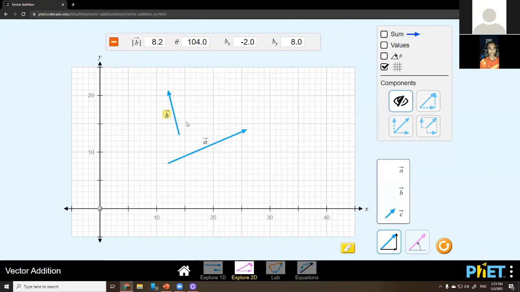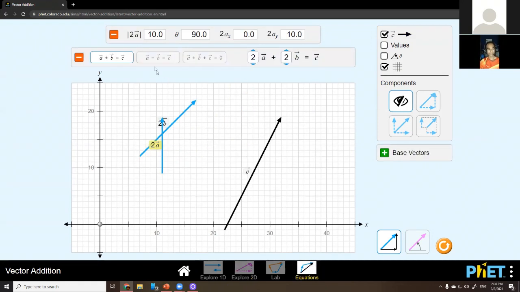This one goes here, this one goes here, this one goes down. You can see that it is the same as before, just like B is flipped because B is negative.